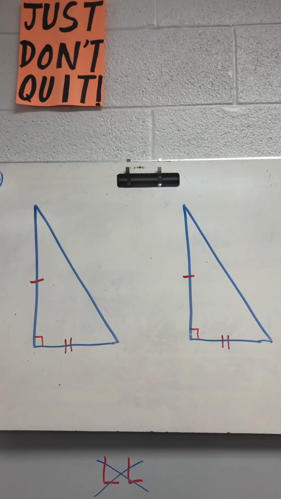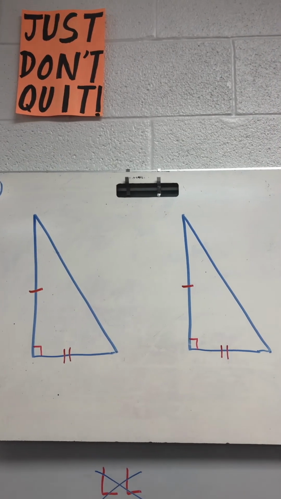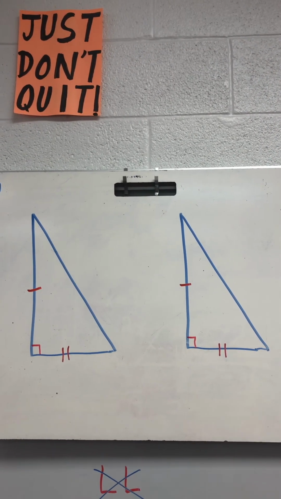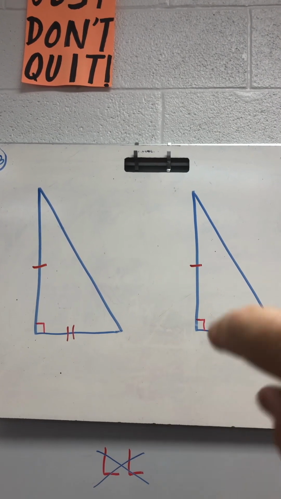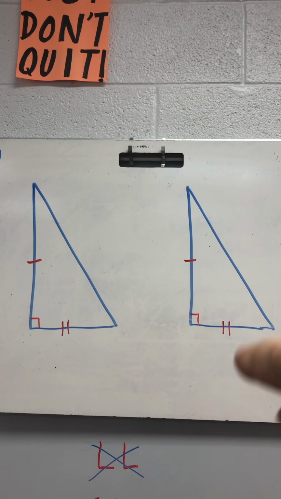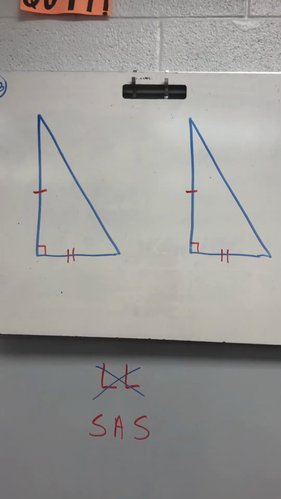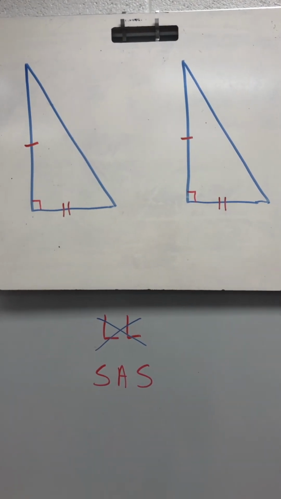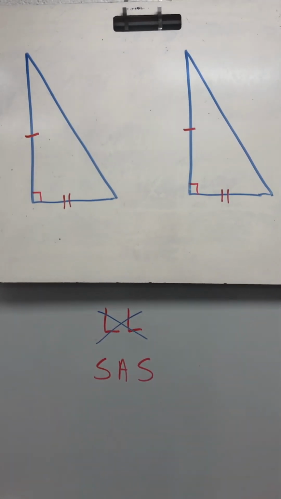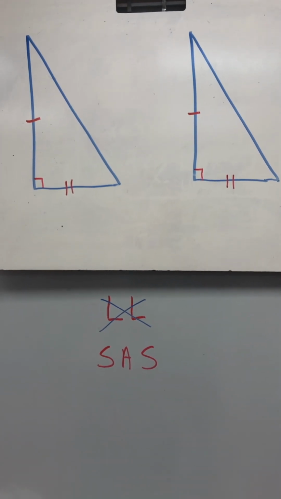However, in Delta Math, that is not one of your options. So we have to do side, angle, side when you have this one. So when you have two right triangles, but you don't have the hypotenuse, in Delta Math, it has to be side, angle, side. Sorry about that.